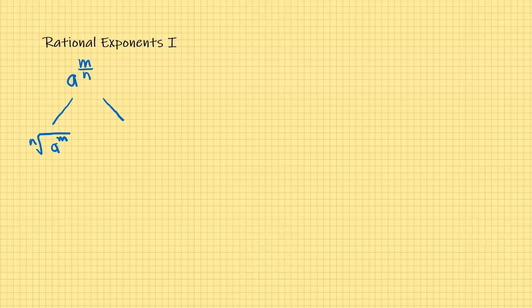Or it can mean the nth root of a, all to the m power. Both ways will get the same answer, but one way is going to be more convenient than the other, depending.